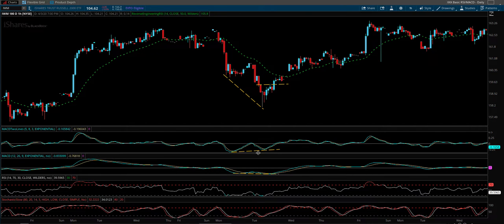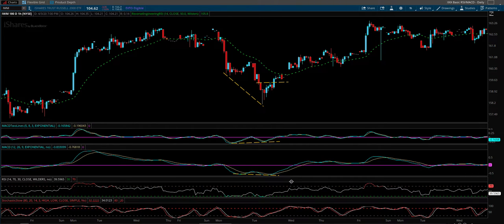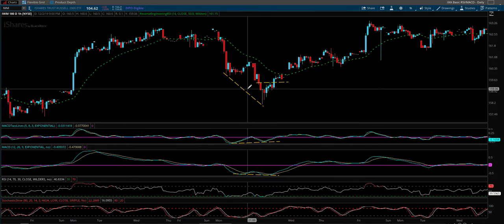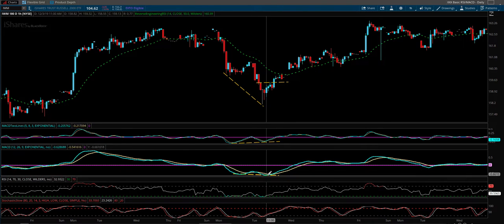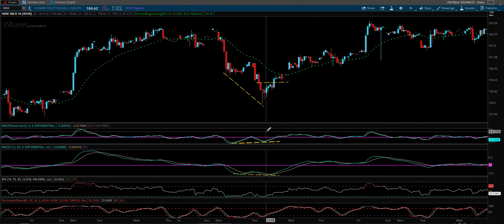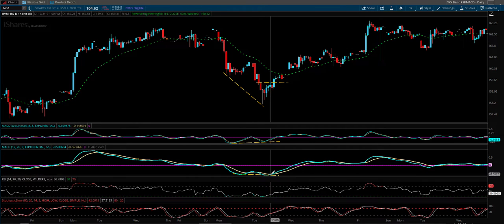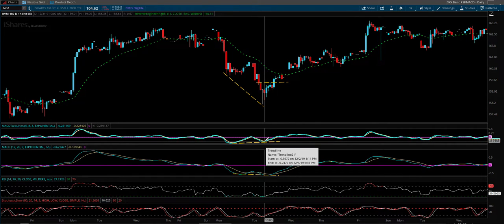If I make this bigger, you'll be able to see it a little better. So this was a hidden bullish divergence, because the MACD made a lower low. I'm sorry, there was no divergence because the MACD made a lower low, as did price. I thought it was a hidden bearish because it was even, but in any event, it wasn't. So you can see though how this 1226 told you nothing, but the 583 did.